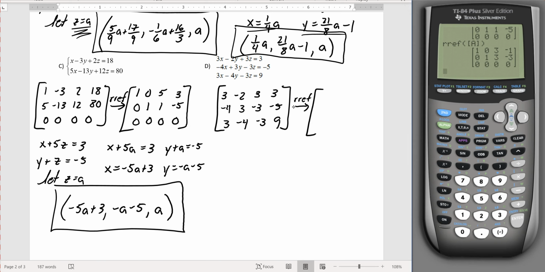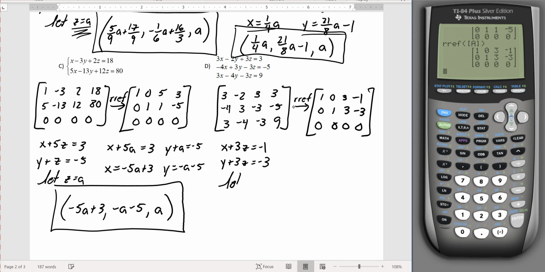Alright, so 1, 0, 3, negative 1, 0, 1, 3, negative 3, and then that bottom row of zeros. So let's write the equations we got from this. We got x plus 3z equals negative 1, y plus 3z equals negative 3. We say let z equal a.